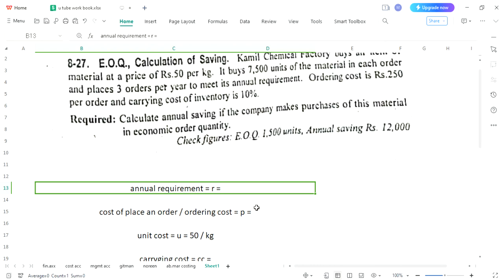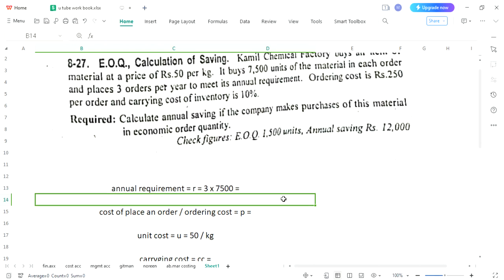So you can calculate your annual requirement by multiplying 3 into 7500. Here you will calculate it, 3 multiplied by 7500.